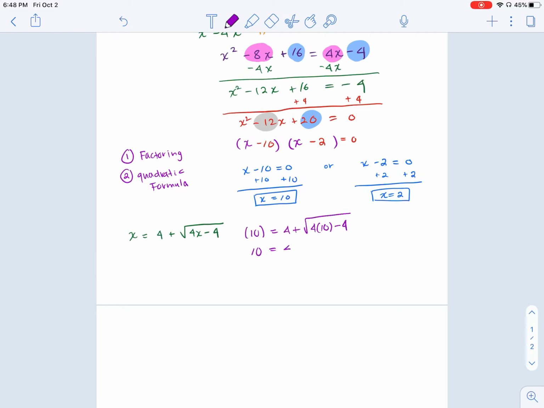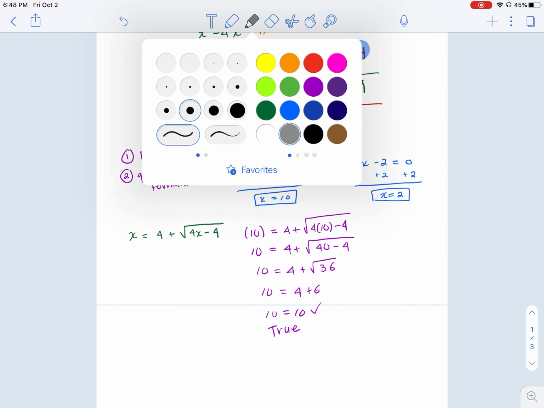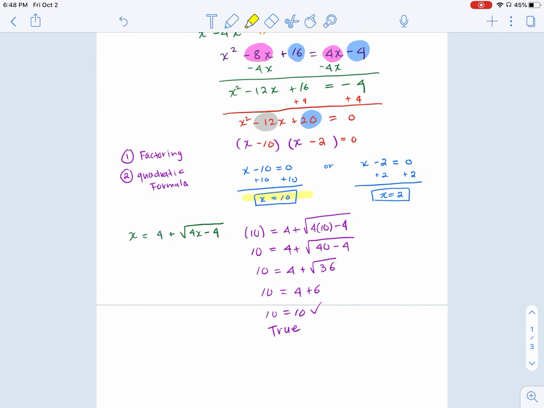So it's 10 is equal to 4 plus square root of 40 minus 4. 10 equals 4 plus square root of 36. 10 equals 4 plus 6. 10 equals 10. So this is a true statement. So we can say that x equals 10 is definitely one of our solutions.